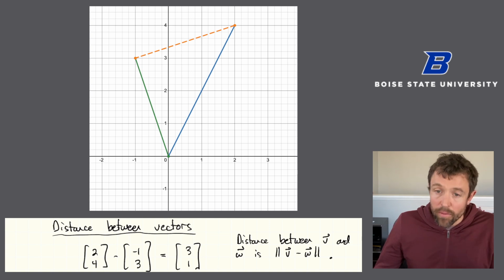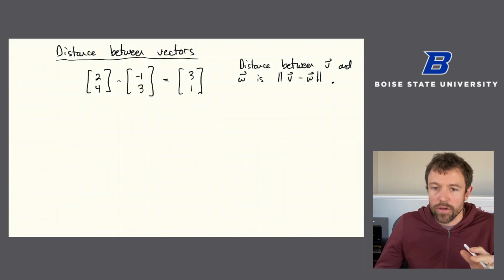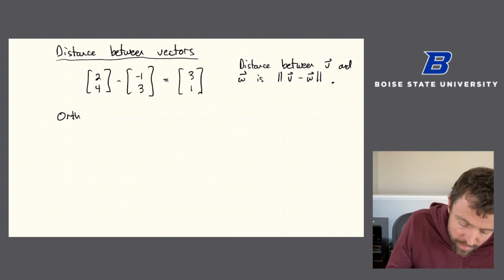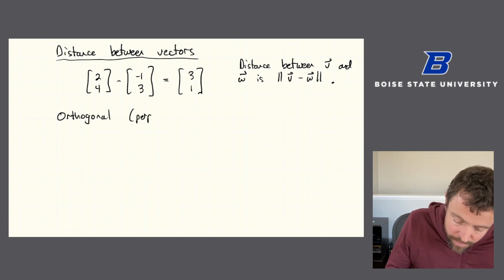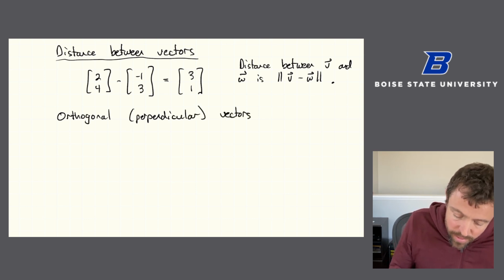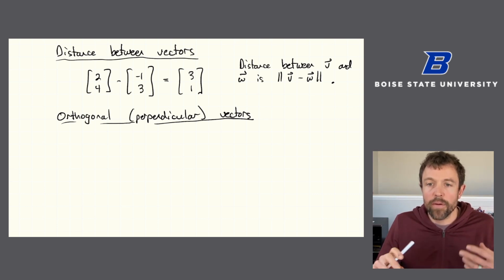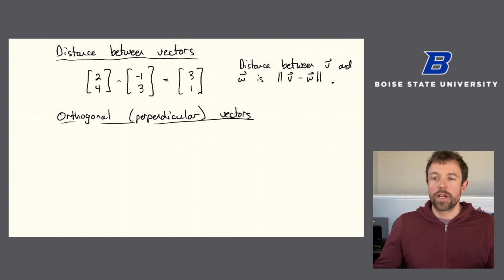I want to give an important application of angle, which I already hinted at, but let's just look at writing here. I want to talk about the notion of orthogonal vectors. Orthogonal really is the same thing as perpendicular when we're talking about R2 and R3, and probably when we're talking about Rn, depending on who you talk to. Orthogonal is really just a fancy word for perpendicular that applies in more general contexts.